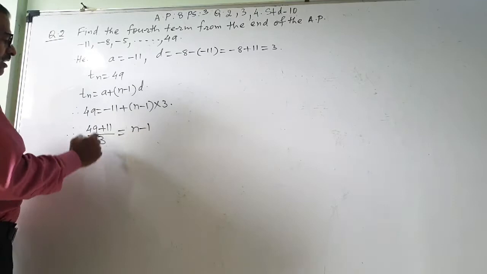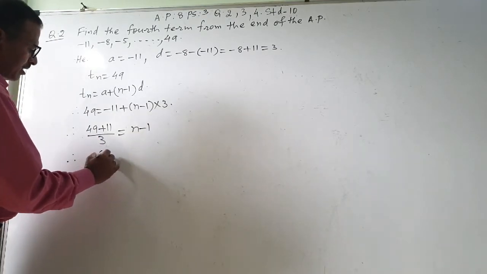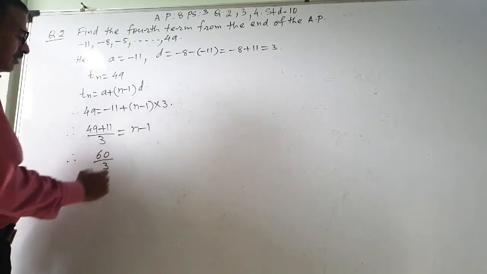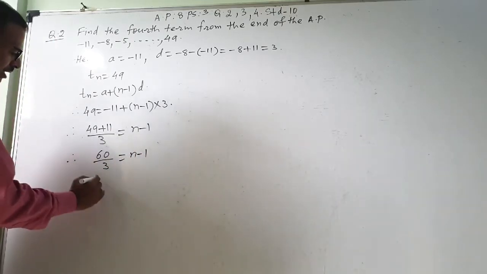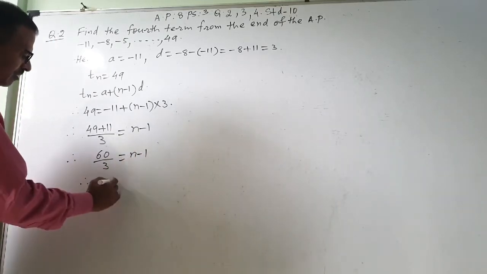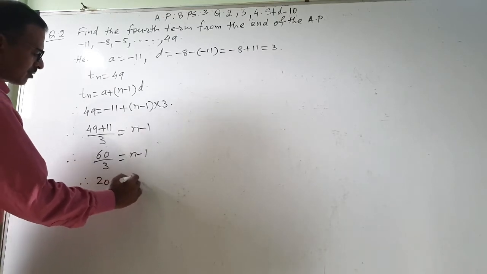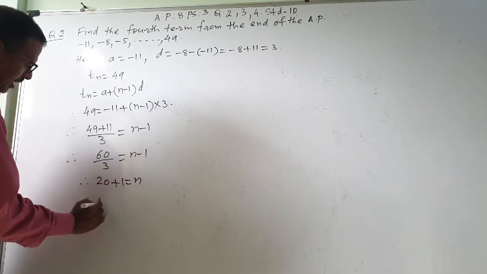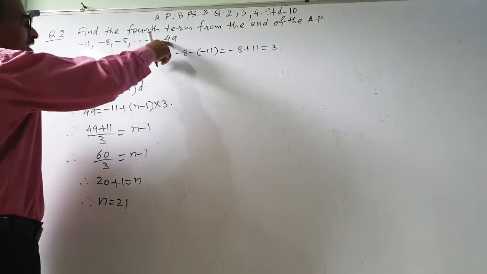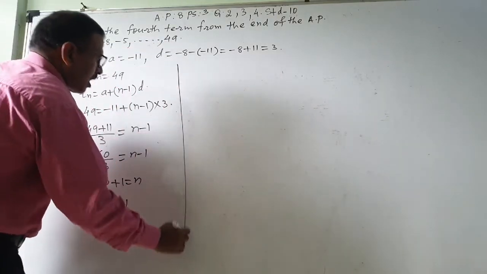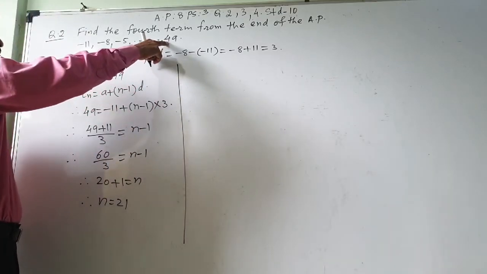So 49 plus 11 is 60, 60 upon 3 is equal to n minus 1. Therefore this is 20, and this 1 will come here, plus 1 is equal to n. Therefore n is equal to 21. So the total terms are 21, up to 49 I will go.